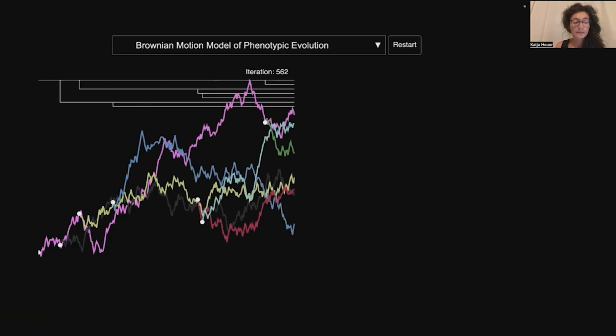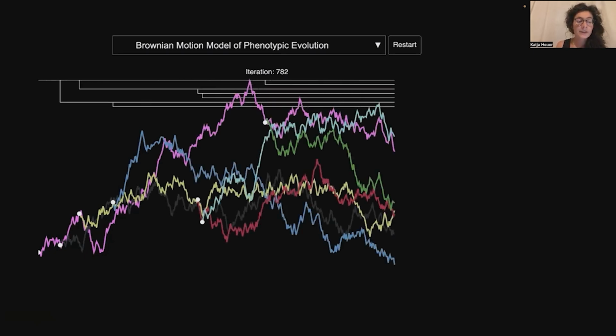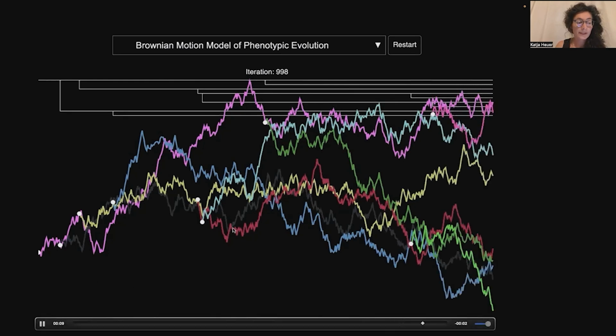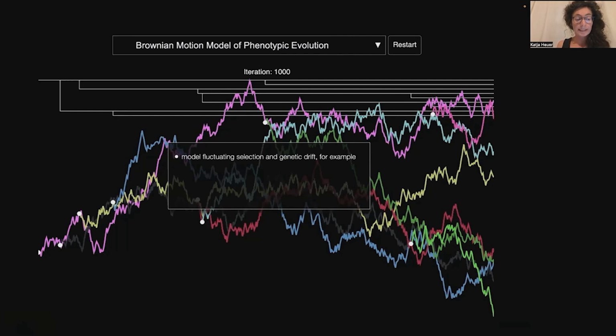It assumes random diffusion of phenotypic changes from the tips along the branches of the tree, with changes occurring in small random increments over time, so that the earlier two species split from one another, the more they are supposed to be different. And so the Brownian motion model can be used to model fluctuating selection and genetic drift, for example. And once an ancestral species splits into two new species, their phenotypes will become progressively decorrelated.